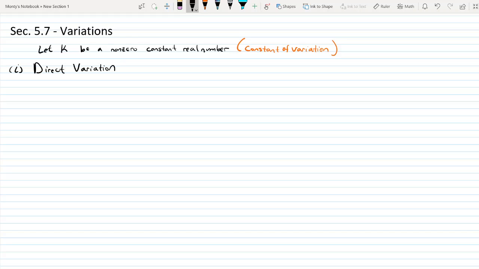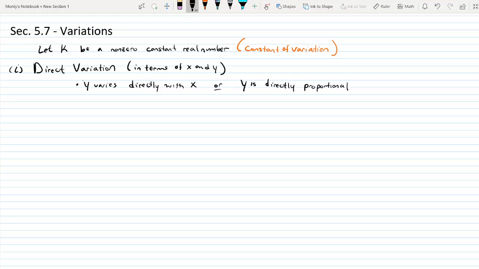Direct variation in terms of x and y can be described or written as: y varies directly with x, or y is directly proportional to x.